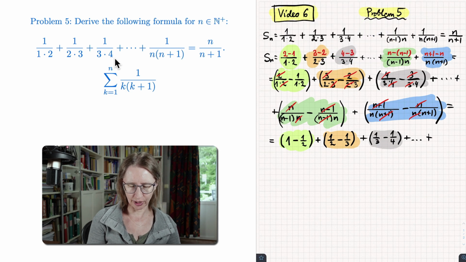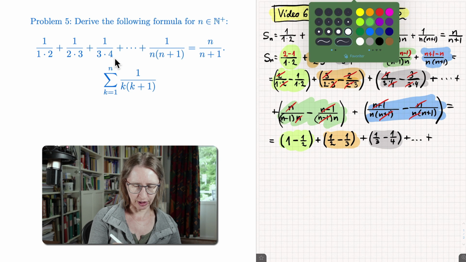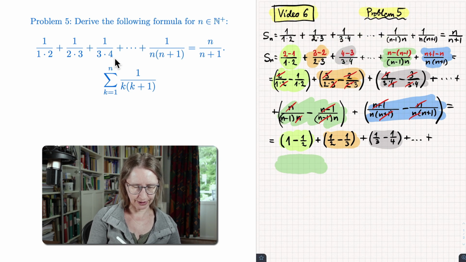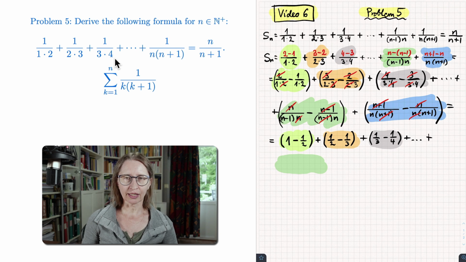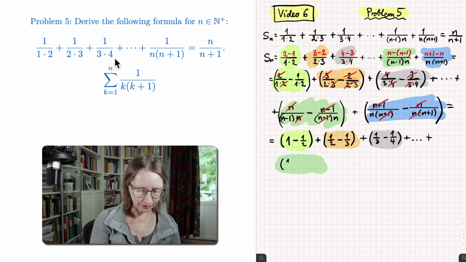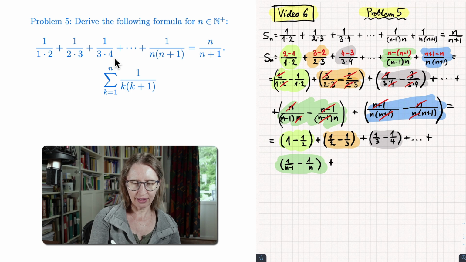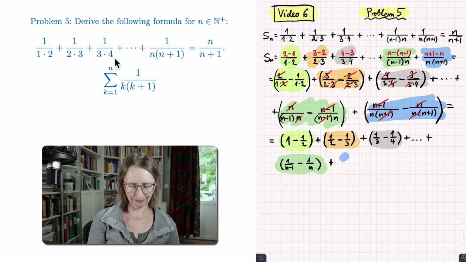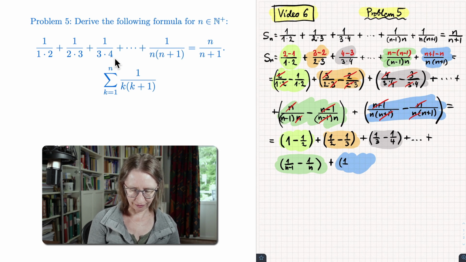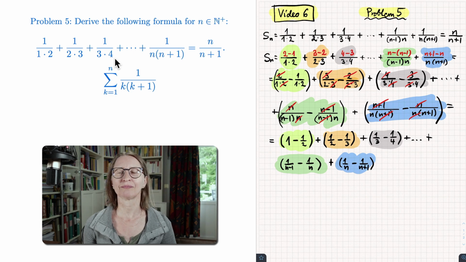Here I take the gray, and the next one will be this green. And here the first fraction will be 1 divided by n minus 1, minus 1 divided by n. And the last one is the blue one. And the blue one will be 1 divided by n minus 1 divided by n plus 1.